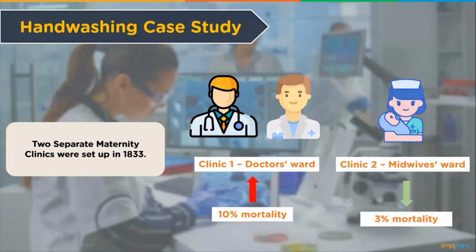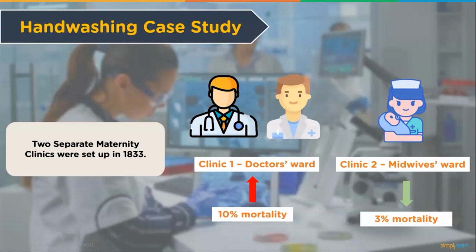So Semmelweis spotted that in Clinic 1, the fatality rate for mothers from childbed fever was 3 times more than those who delivered in Clinic 2. So you can see here in Clinic 1, which was the doctors' ward, and for people who were given training, the mortality rate was 10%, while in Clinic 2, where only the midwives operated, the mortality rate was 3%.